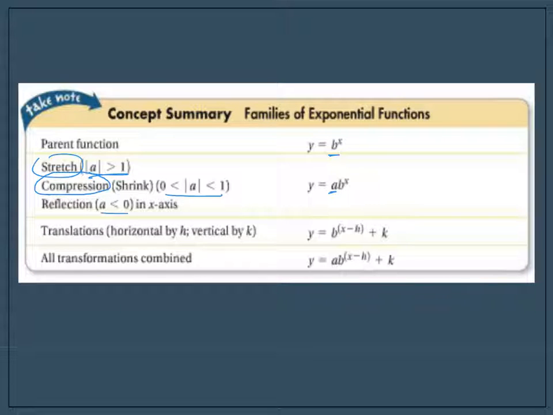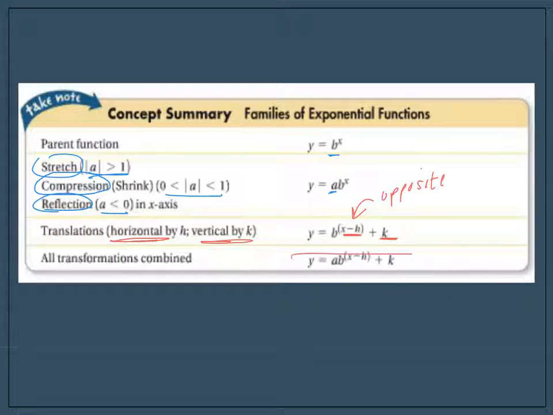And obviously if it was negative, it was a reflection. And then we noticed that if we had some sort of x minus h here, that was going to be our horizontal translation, and k was our vertical translation. But remember, this one here is opposite.